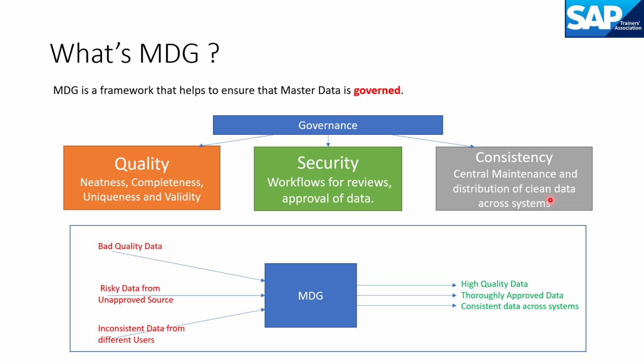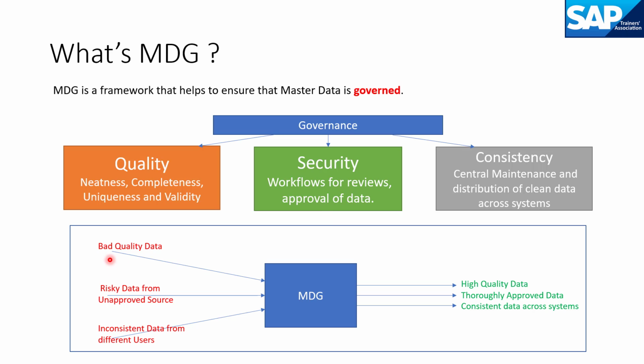It is important that a customer who is created in one system should have the same name, same address, same phone number in the other systems as well. So master data governance ensures that you create data here, and it will ensure that the same data is replicated to all the systems. Okay, we'll come to the details of that.